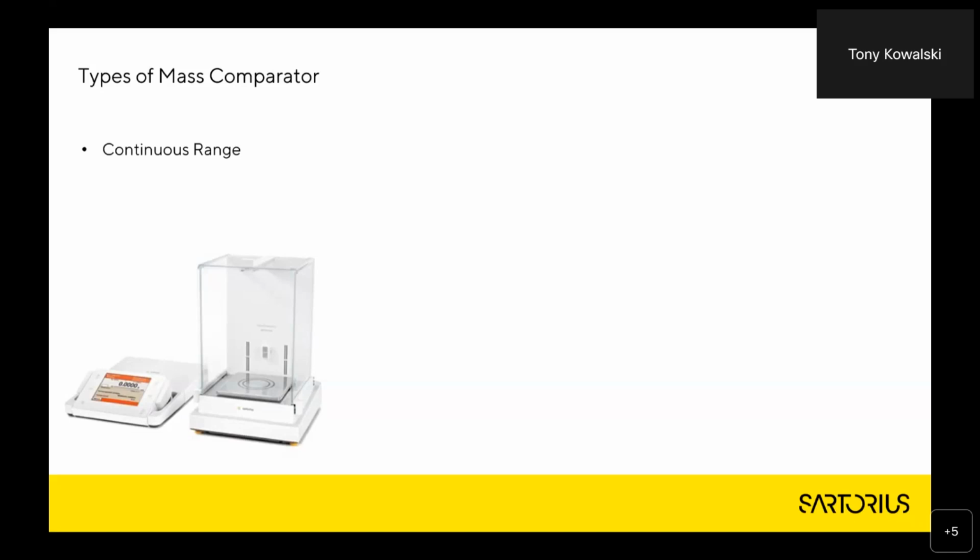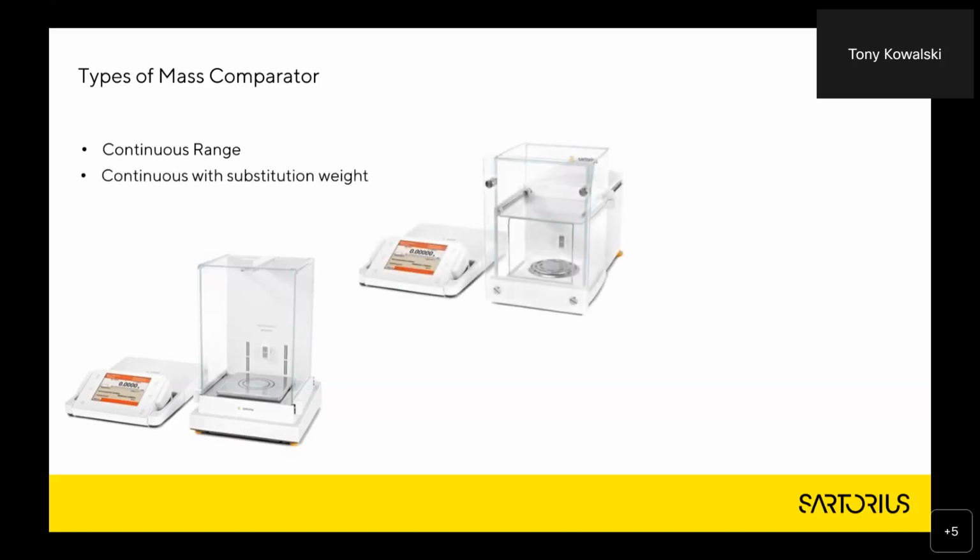There's no other symbols, no other changes necessary. It's also possible to have what we call a continuous range, but with a substitution weight. What does that mean? Well, I will explain in the next slides. It appears to be a continuous range, but it's not quite.